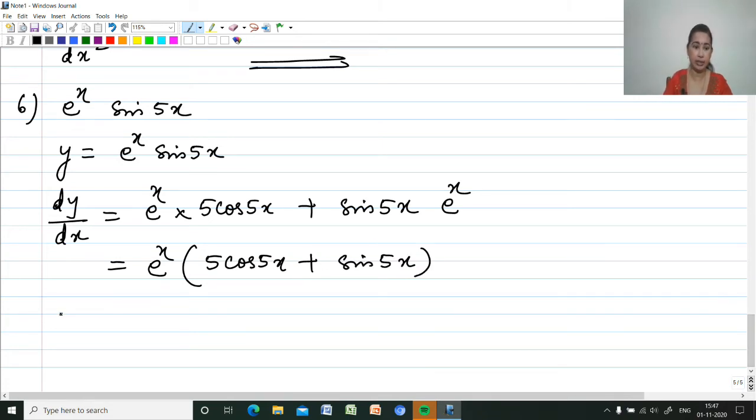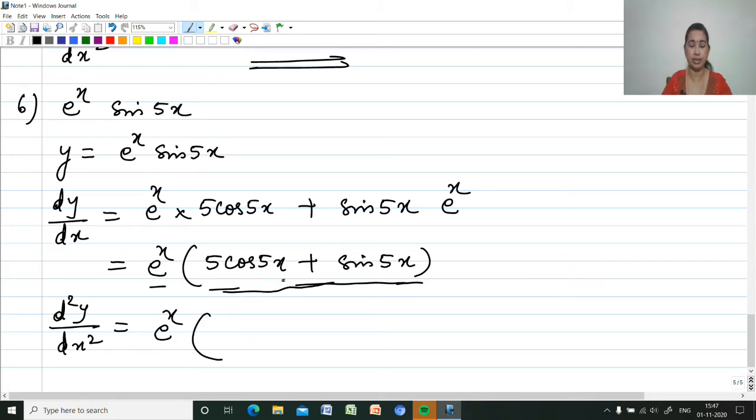Now second derivative, that is d square y by dx square. D square y by dx square can be written as, we can find it using product rule, first function, and this is the second function. So first function into derivative of the second is 5 into derivative of cos 5x. Cos 5x is minus sine 5x into 5.